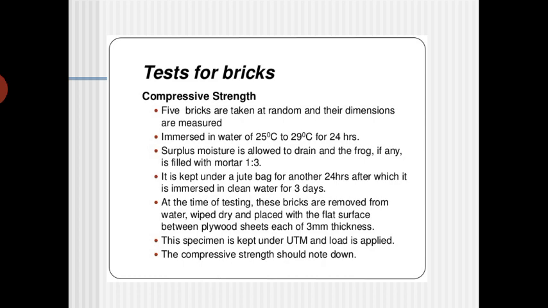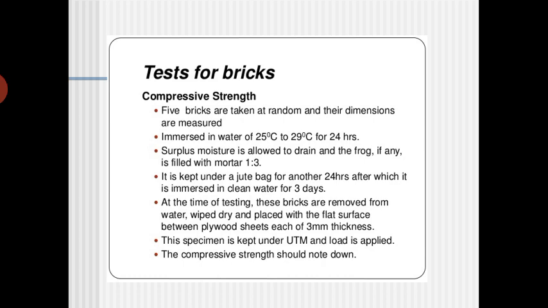Then at the time of testing, these bricks are removed from the water, wiped dry, and placed with a flat surface between plywood sheets, each of 3 mm thickness. So normally you have to select plywood sheets having 3 mm thickness.